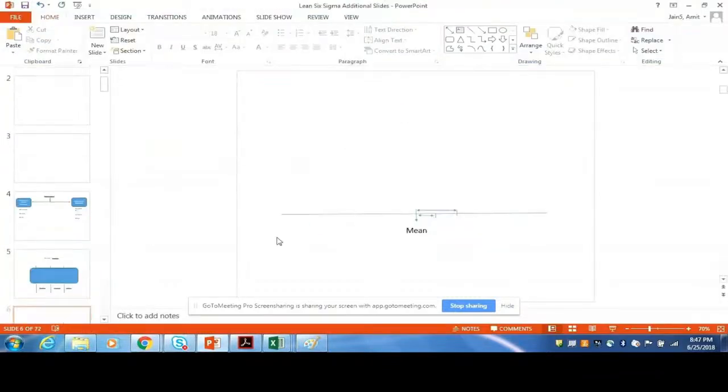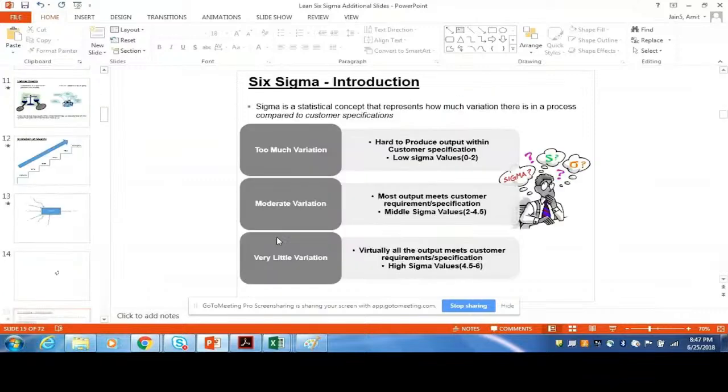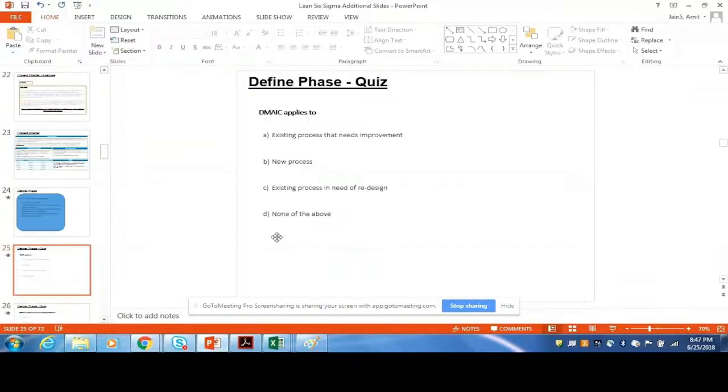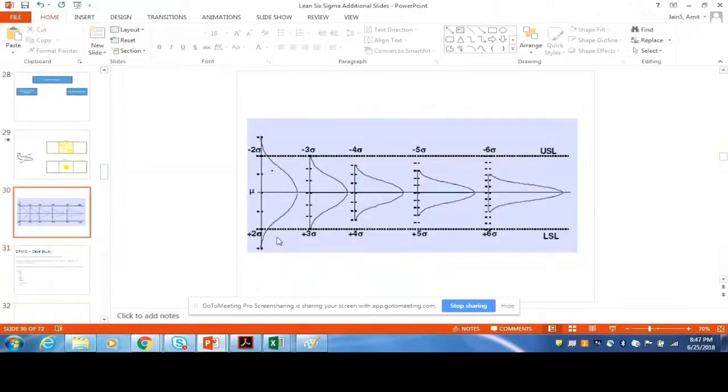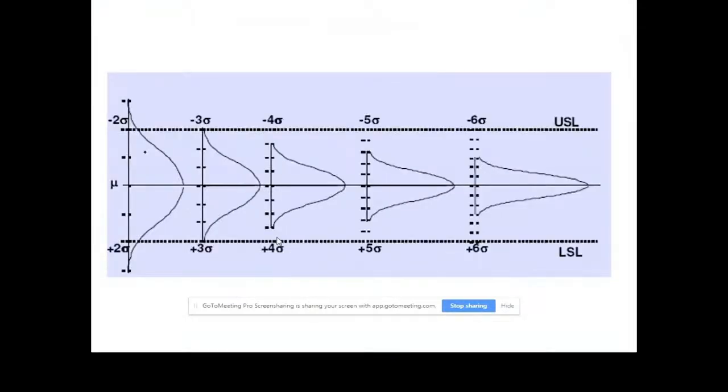Now that we have covered this, this is what the concept of Six Sigma is. Remember I told you, Sigma is basically the standard deviation. If you have a process, there are two parallel lines. This is USL, this is LSL.